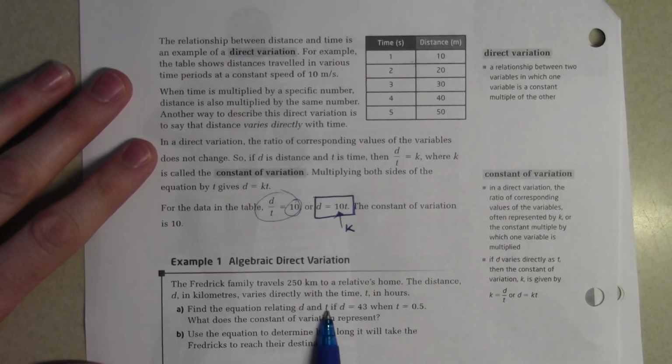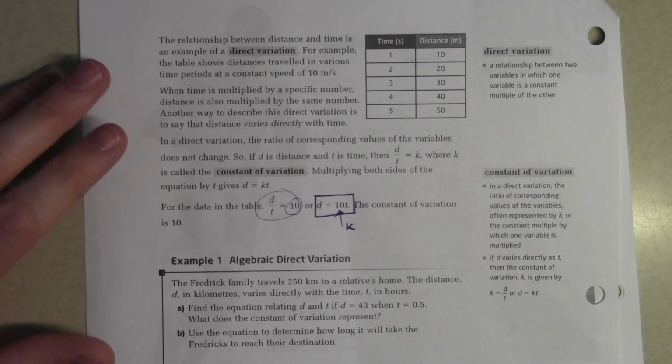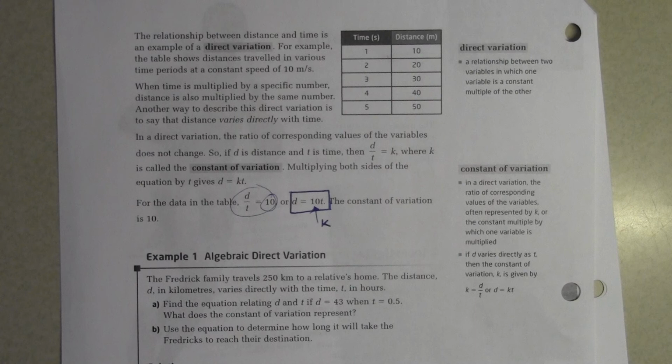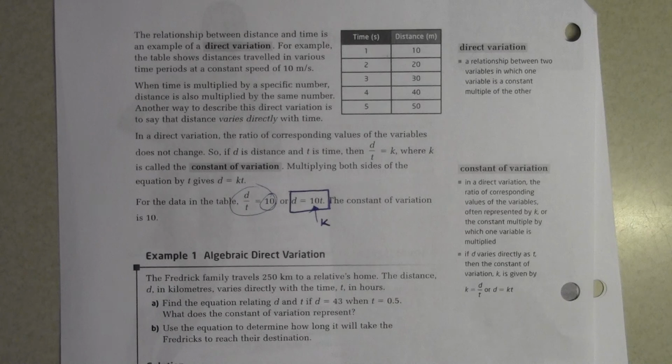We're given d and t. We're told that they vary directly. Okay, so what we really want to solve for is what variable. If we know that the constant relationship is determined by d equals kt, what variable do we want to solve for here to get a generic equation for this particular example?